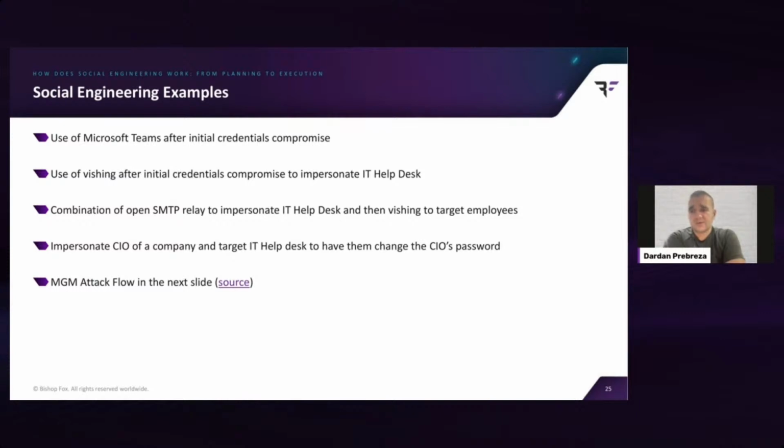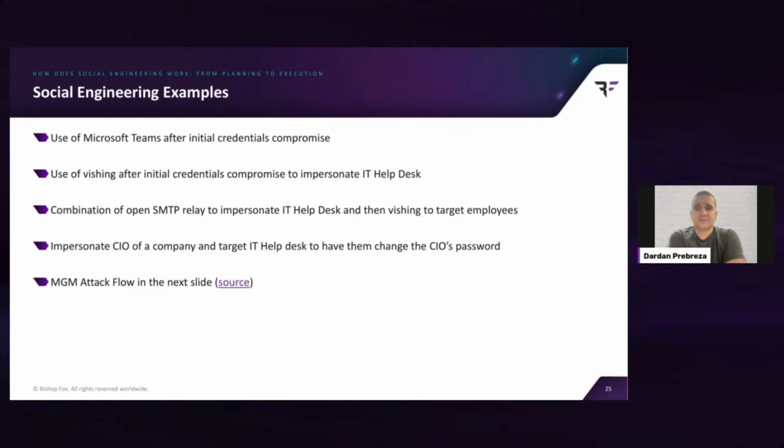The next one is the use of phishing after initial credentials compromise to impersonate the IT help desk. Similar to the first one, where we compromised credentials through password spraying, we did the same for a different client. In this case, we impersonated the IT help desk and spoofed their phone number to call the person we compromised through password spraying.